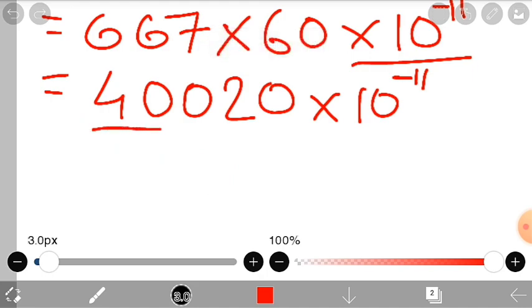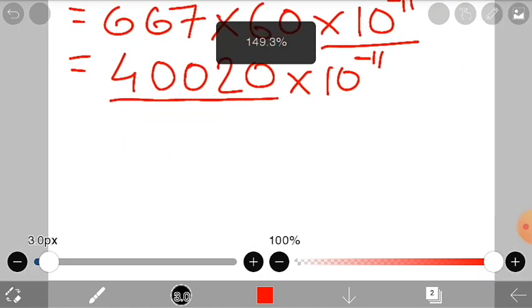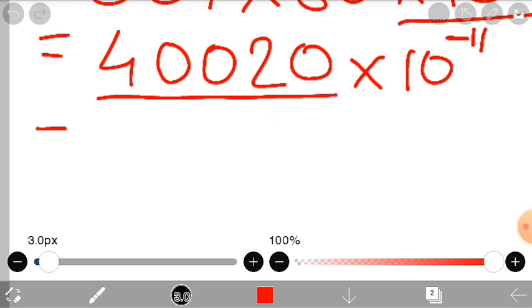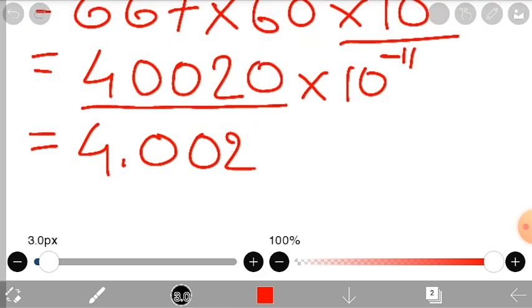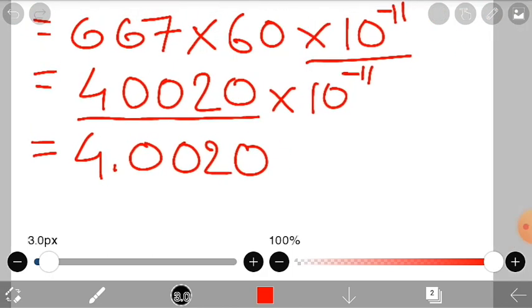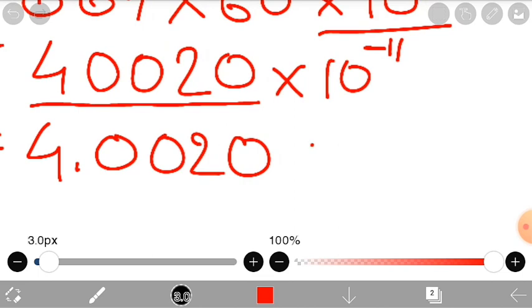To make this number read simply, we can write 40020 as 4.0020 into 10 raised to 4.